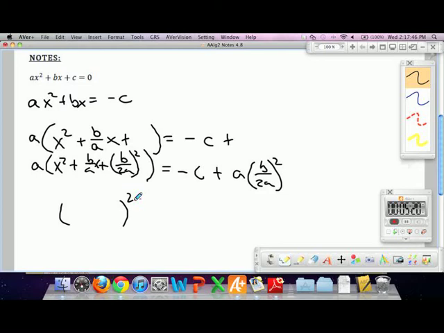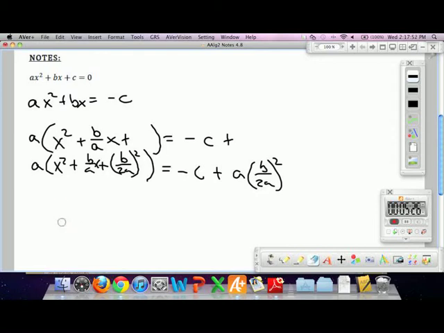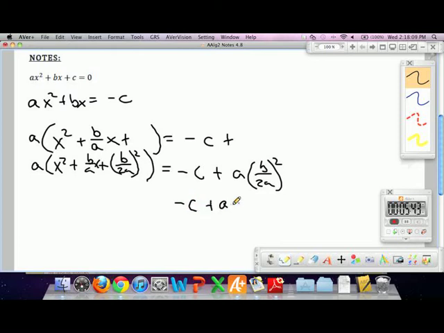Before we go much farther, let's see if we can reduce and simplify. B over 2a squared is like squaring the top and squaring the bottom. So what does that give me? A times b squared over 2 squared, which is 4, a squared.